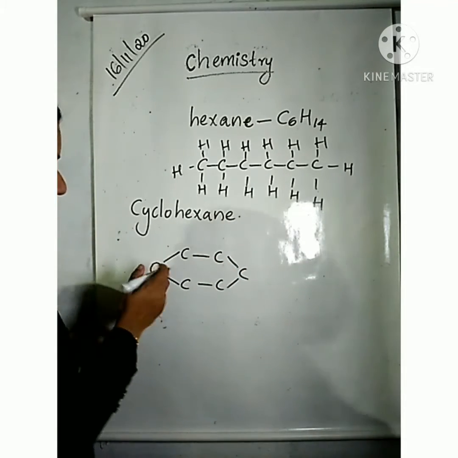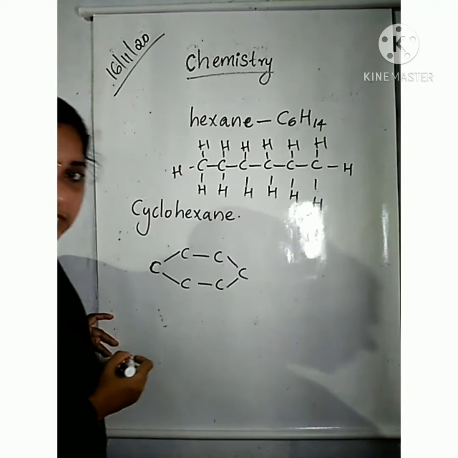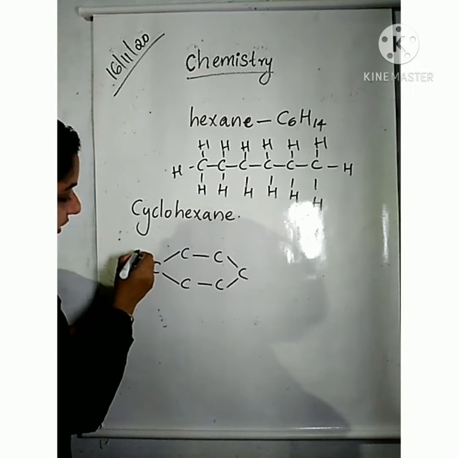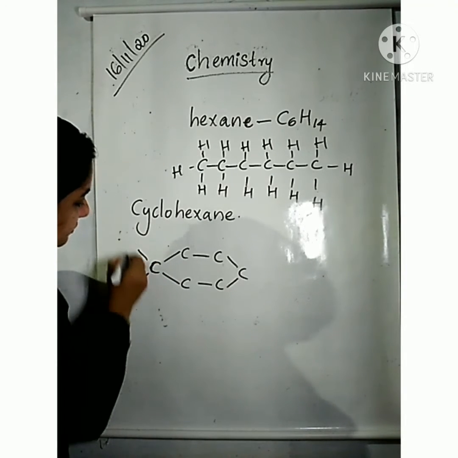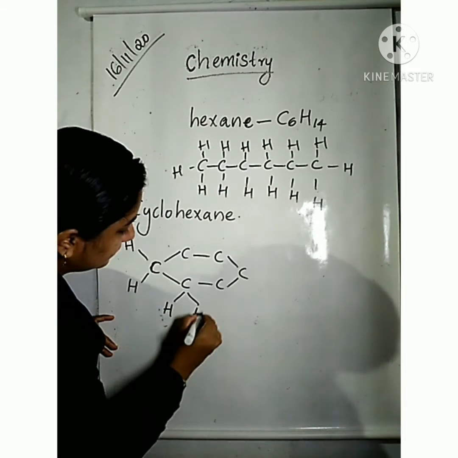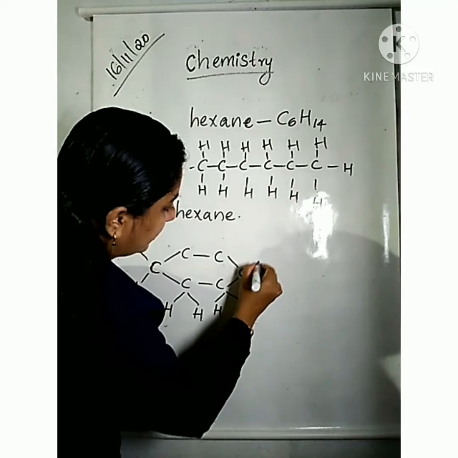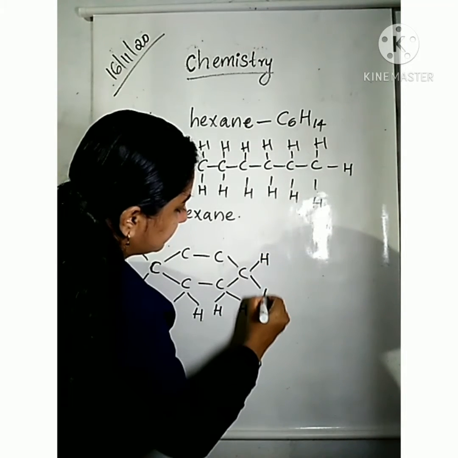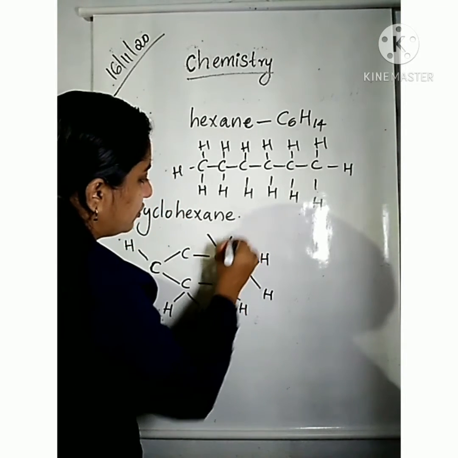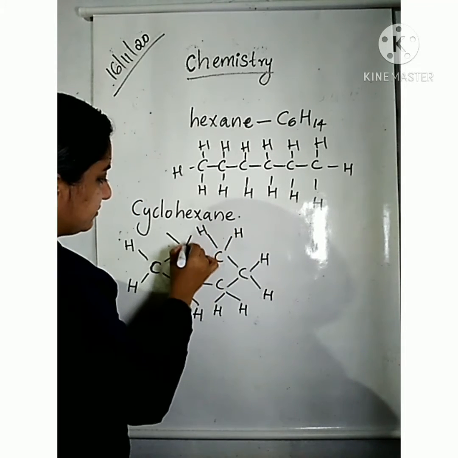Then we want to satisfy the valencies of each carbon atom. So we are adding hydrogen atoms. Each carbon atom bonds with 2 hydrogen atoms.